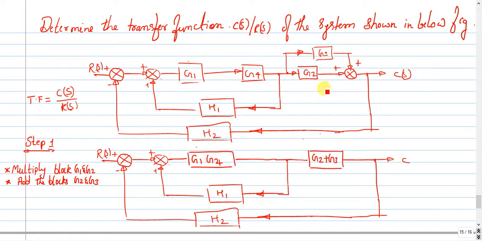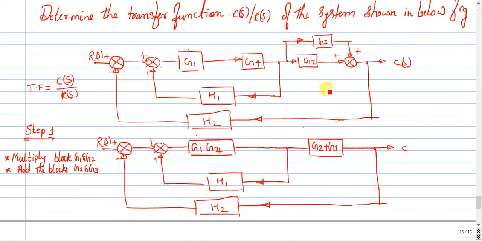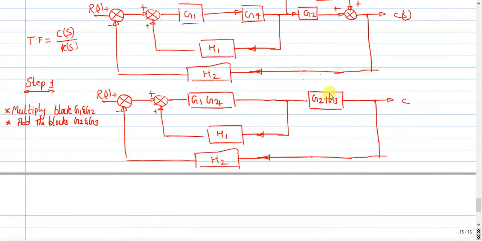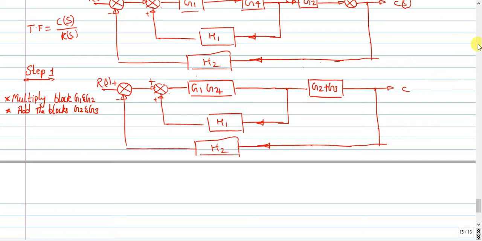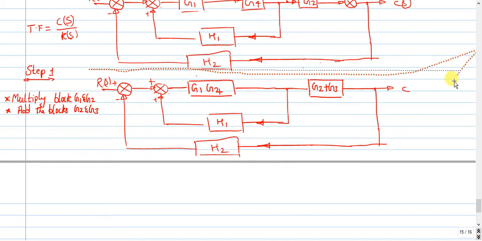Now, after this, further reduction: I don't have any more blocks in series, I don't have any more blocks in parallel. What else can be done? If you notice, you can identify, in step number 3, any minor feedback loop.